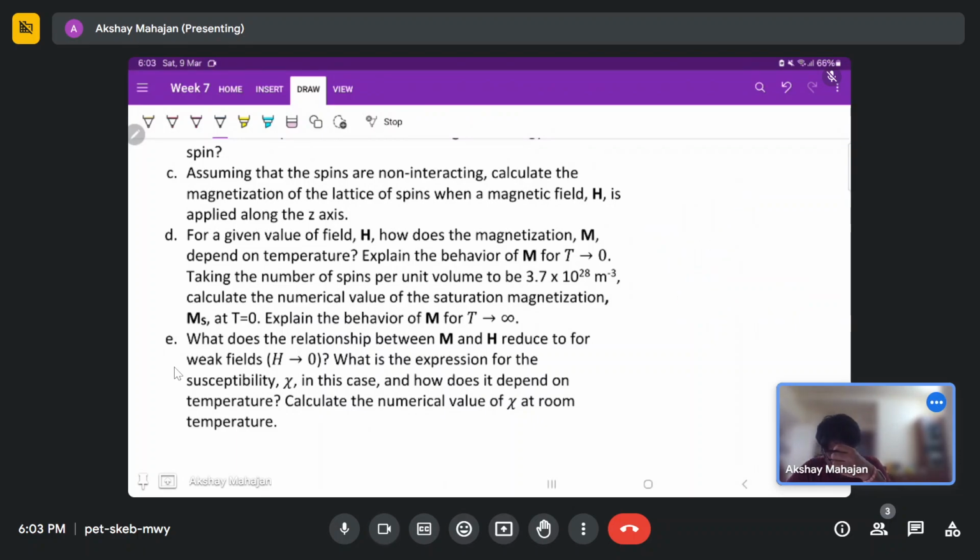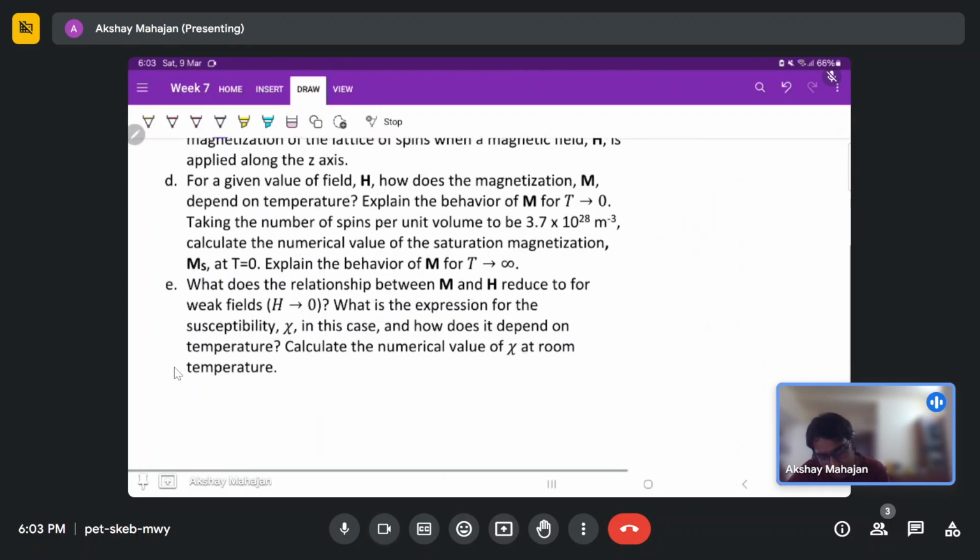And then in the E part: what does the relationship between M and H reduce to for weak fields? This has been done in the lecture as well, so you can try. You will have the formula for M, so just take the limit H tends towards 0 and find the value. And what is the expression for chi, and how does it depend on temperature?